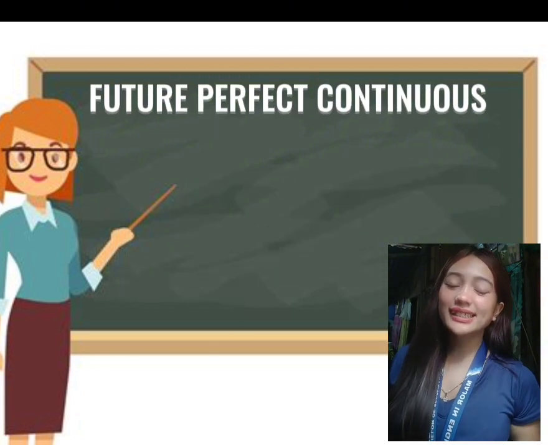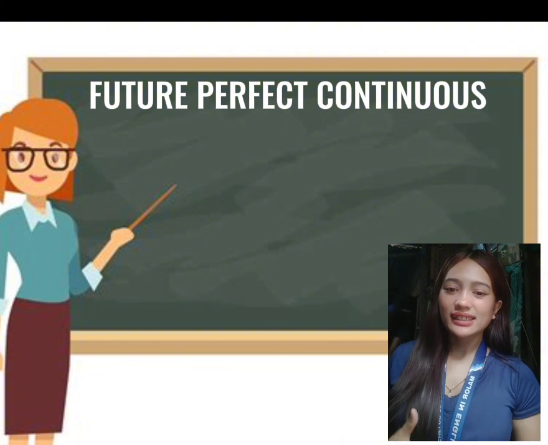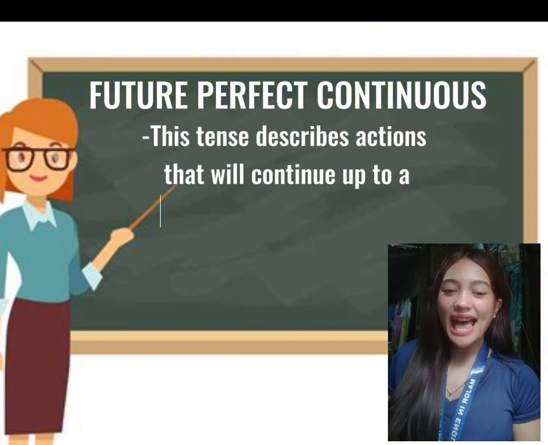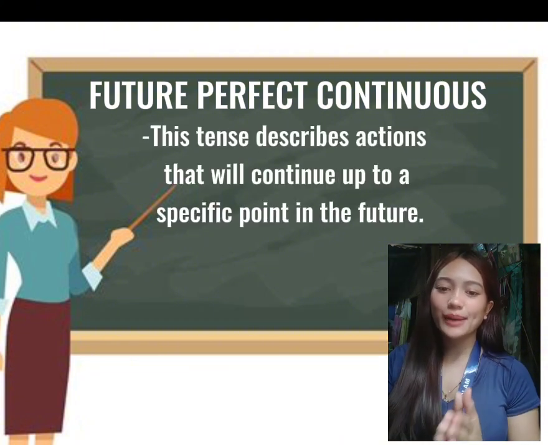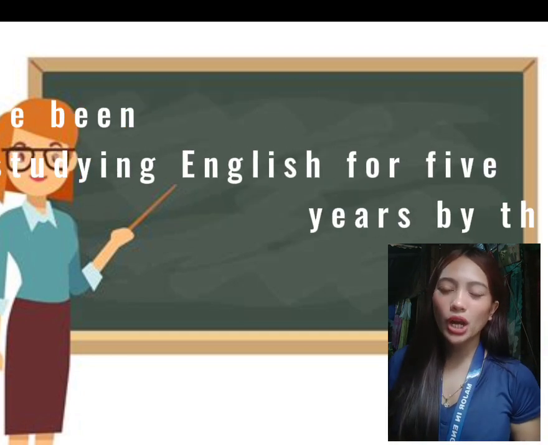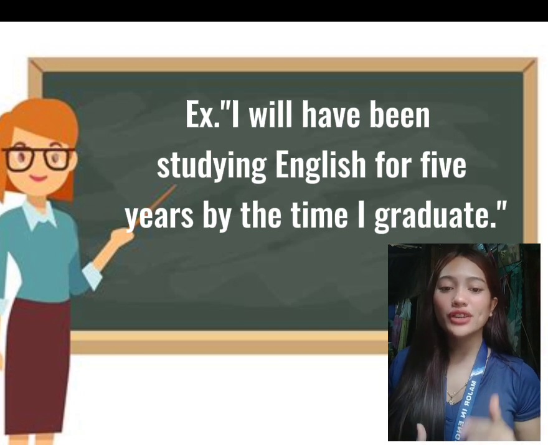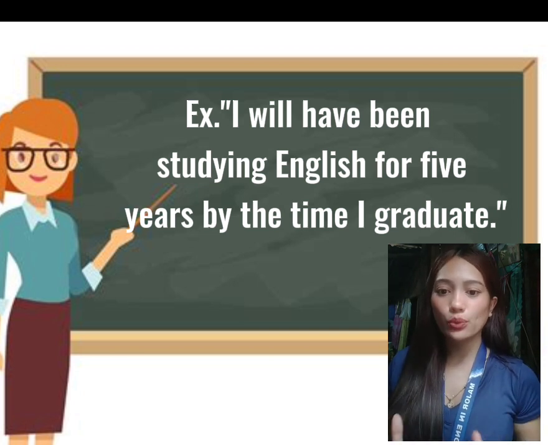Finally, let's examine the future perfect continuous tense. This tense describes actions that will continue up to a specific point in the future. For example, I will have been studying English for 5 years by the time I graduate.